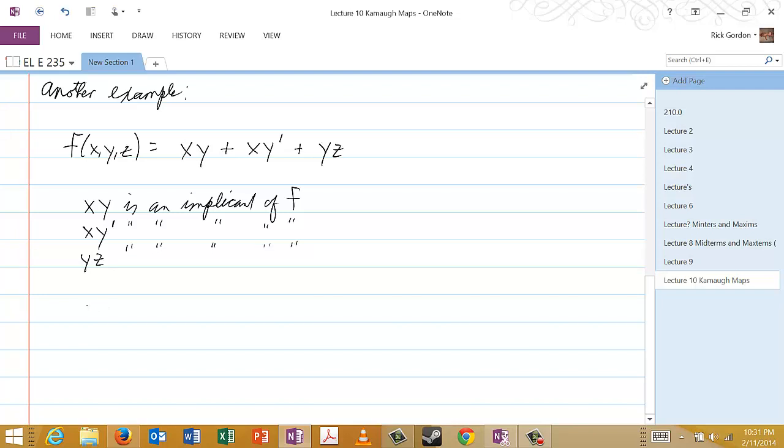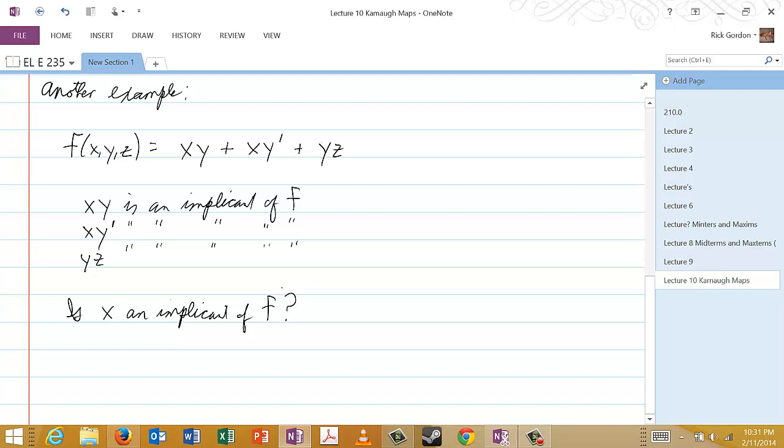And now ask, is x an implicant of f? Now you remember we asked a similar question before, but be careful with your answer to this problem. Do you think x is an implicant of f in this case or not? Well, one way to figure this out is the following.